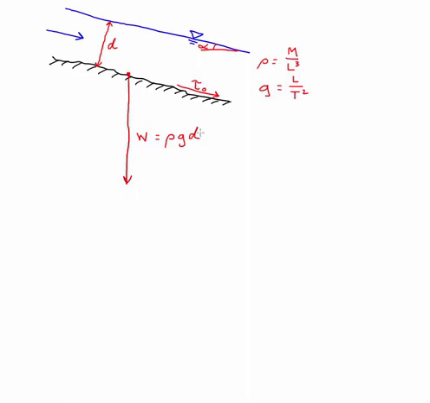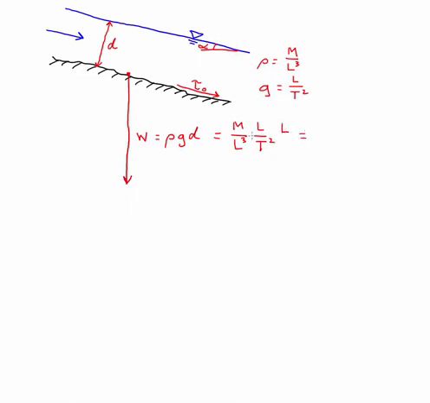So essentially it's at an instantaneous point, all right? And if we were to just look at the dimensions of that, we can play this game of going mass over length cubed for density, length over time squared for gravity, and length, like that, for depth.